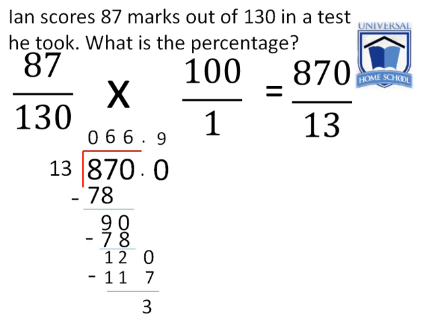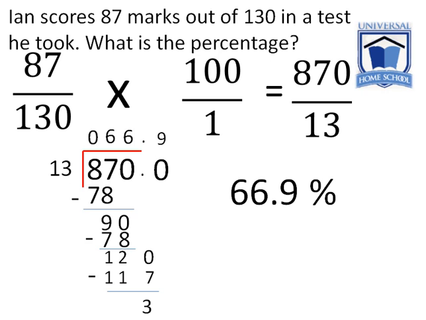Now, we might as well stop at 66.9 and give that as our answer, because we could go on forever. We could go on 66.93, 66.934, and so on. So it's best to just keep it at one decimal place.